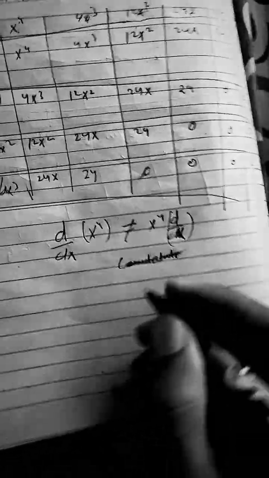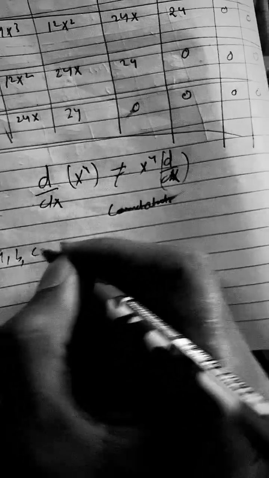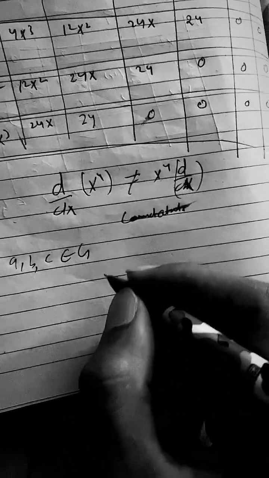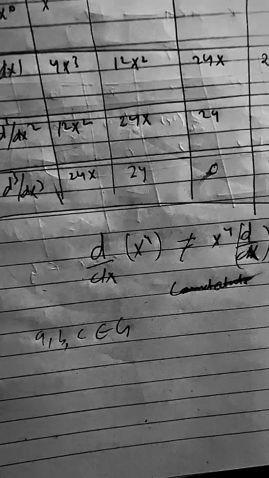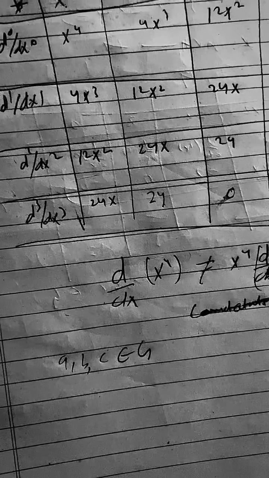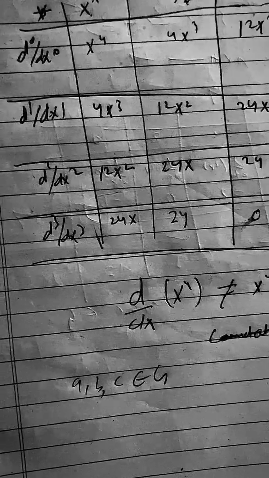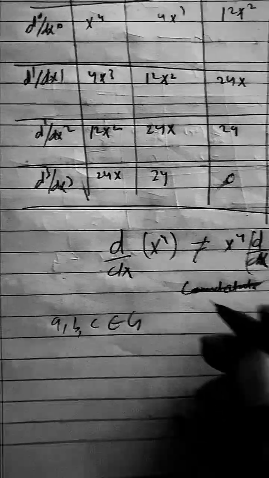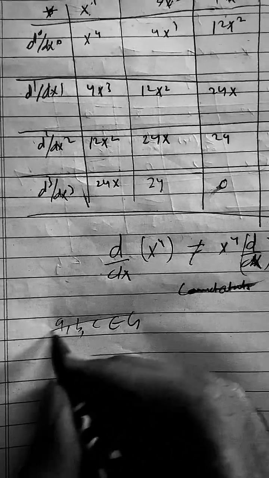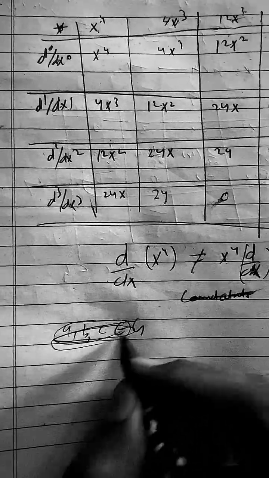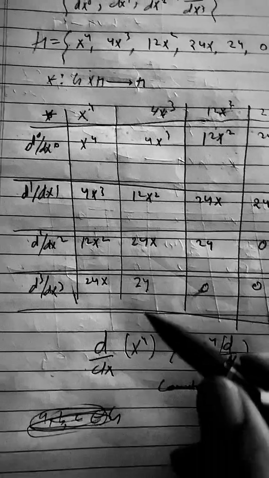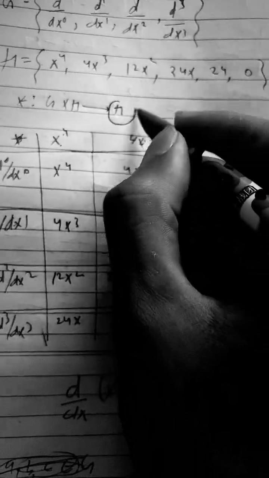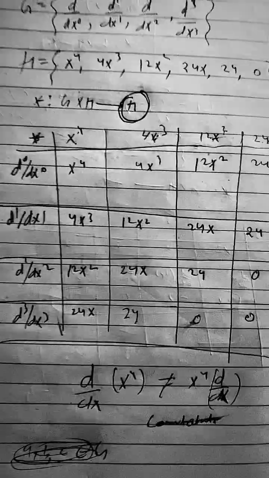What about associativity? Well, let's choose A, B, C coming from set G. Now we have to be very careful what kind of associativity we impose upon this kind of structure. For associativity, the element should belong to this H. Associativity is about this set H, right?